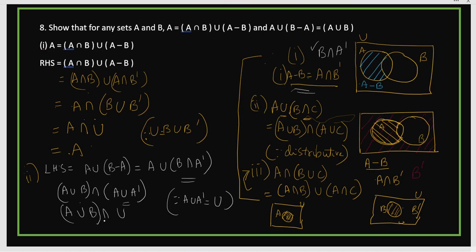Any set intersected with the universal set is left with the same set itself. Right? We have seen that before. So this is equal to A union B, as proved. This is the RHS, right?